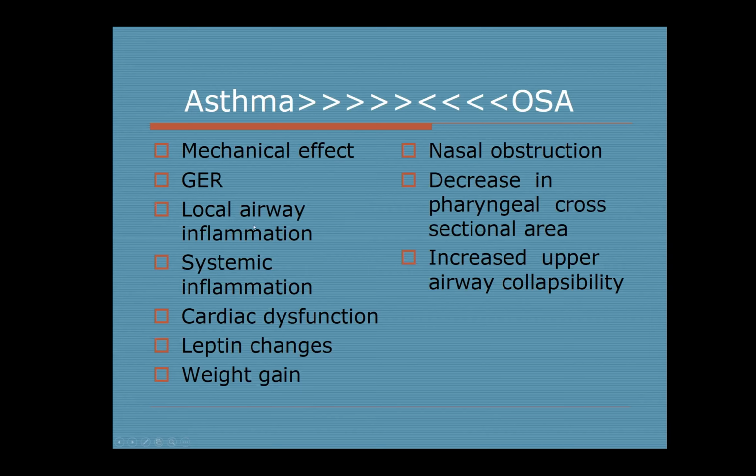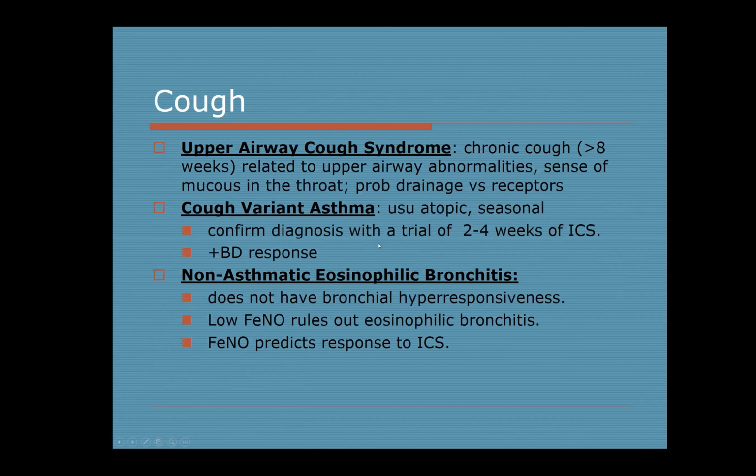All these things are going to be shared back and forth with the obese asthmatic, so that there's a tremendous overlap in taking care of somebody who has both asthma and OSA.